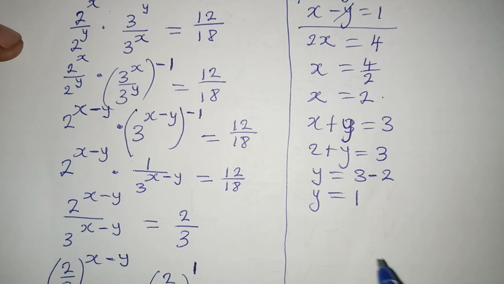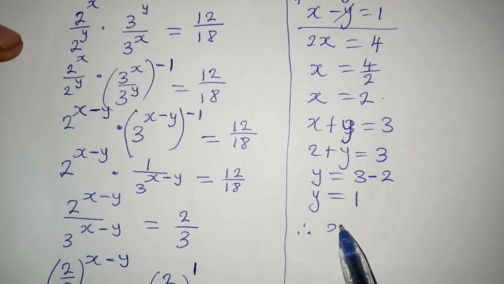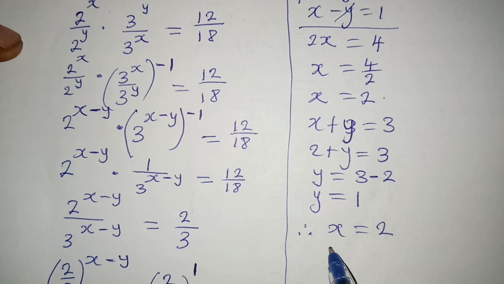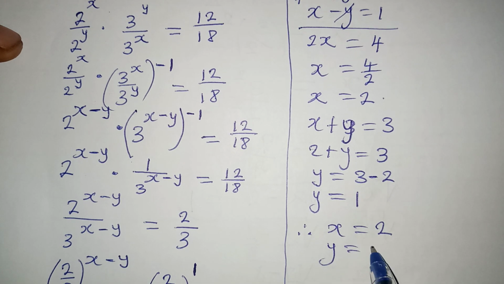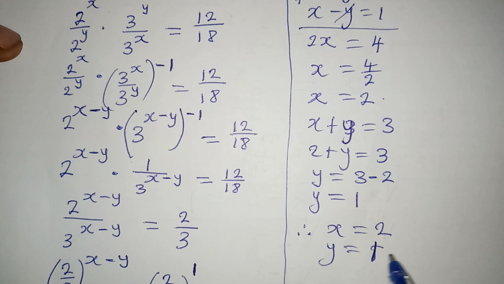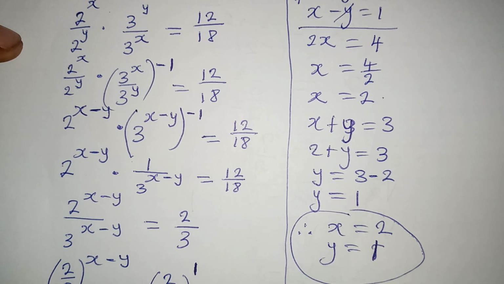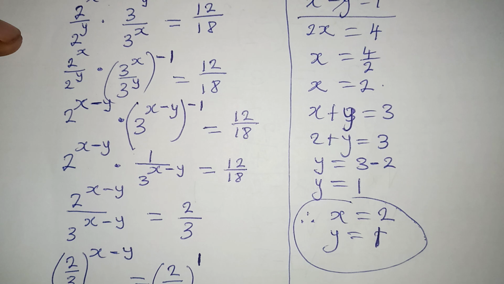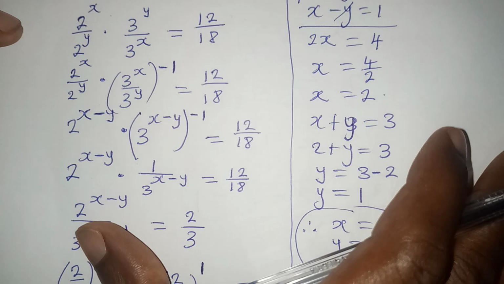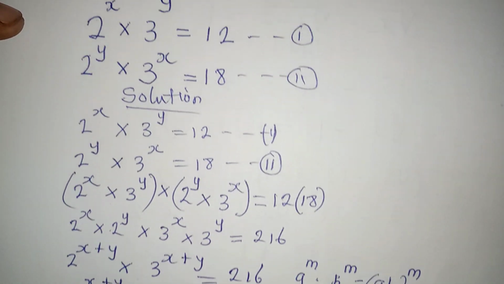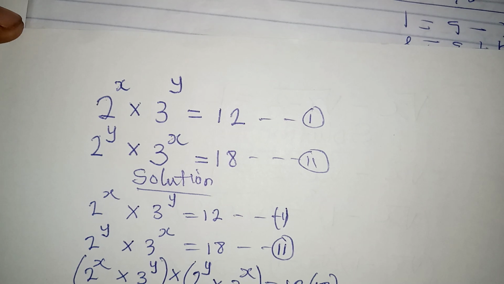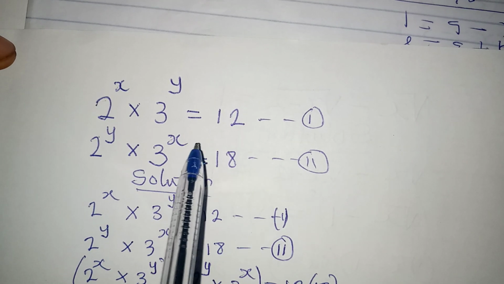So we can now conclude that x is equal to 2, and y is equal to 1. So these are the values for x and y. And if you put these 2 and 1 into the equation, you'll find out that we are very correct.